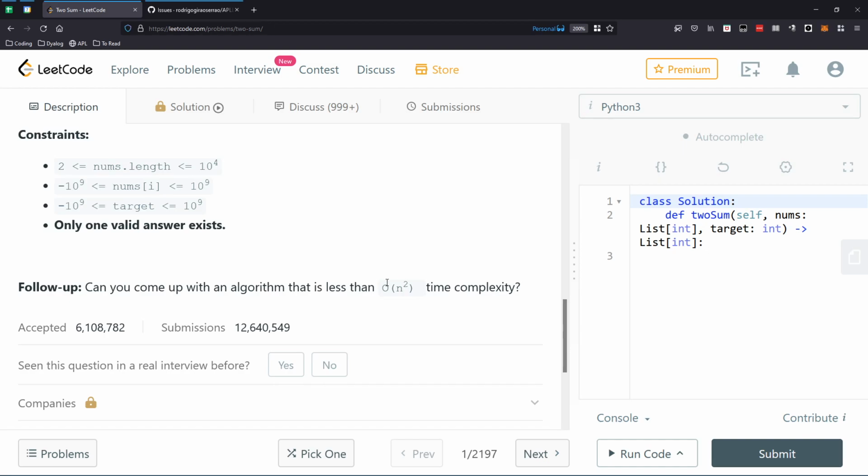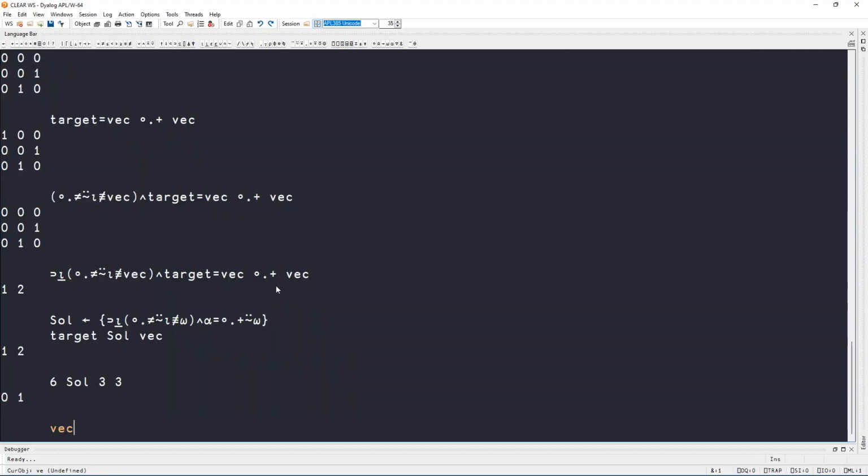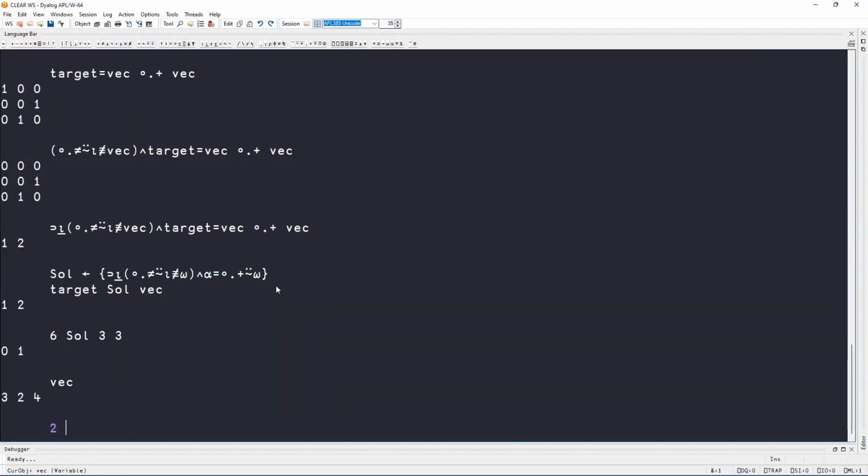I'm just thinking out loud, but I think that to make this less than n squared, you can sort the whole list, which is n log n, and then you can traverse the list from both ends. The idea is you sort the vector, so it's 2, 3, 4. Let's make it a 7 here.